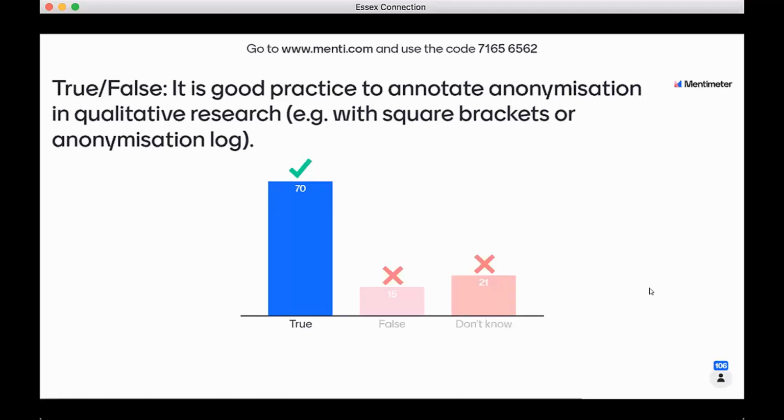For example, in history, it becomes very difficult to trace back and connect the dots if you've changed all the names. So it's good to have access to what was changed, and different disciplines might have different rules about how they approach that. But generally speaking, we think it's good practice.